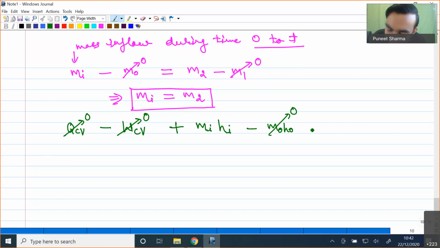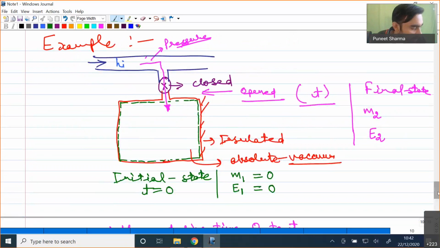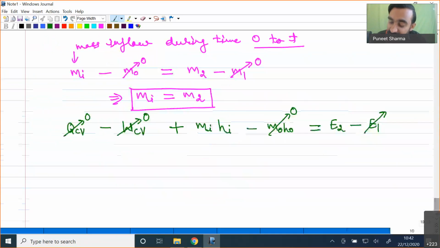Now that has to be equal to nothing but E2 minus E1. Now E1 we already know from our energy conservation corresponding to state 1, you can clearly see that our E1 is equal to 0. Okay, so E1 is equal to 0 because we were not having any mass inside.